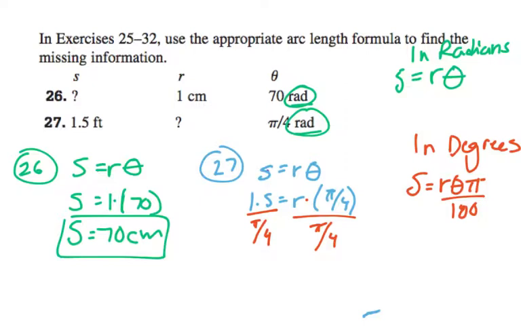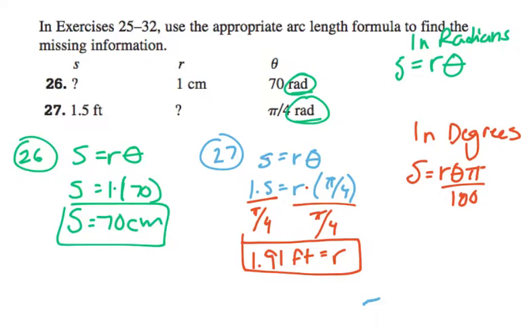Oh, feet, so I do want that. So, we get our decimal of 1.91, and we are doing feet for our radius. I thought maybe I'd keep it in terms of pi, but we are talking about a radius, so we don't really need pi. Radians, yes, but radius, no, which of course is not a helpful combo.